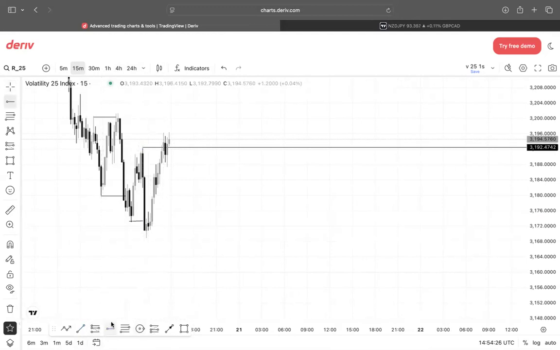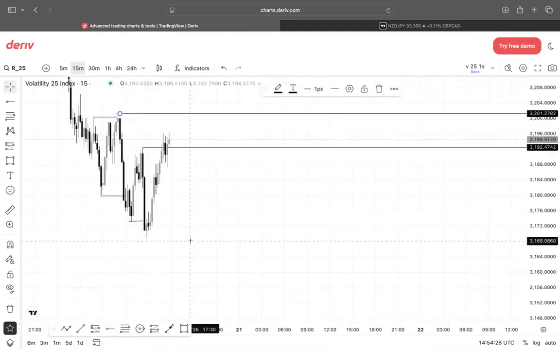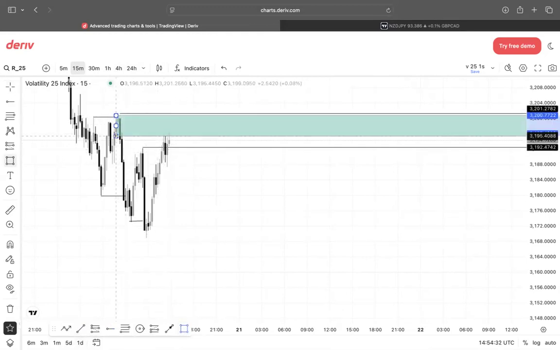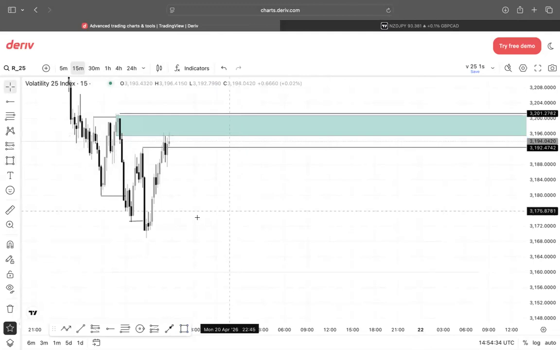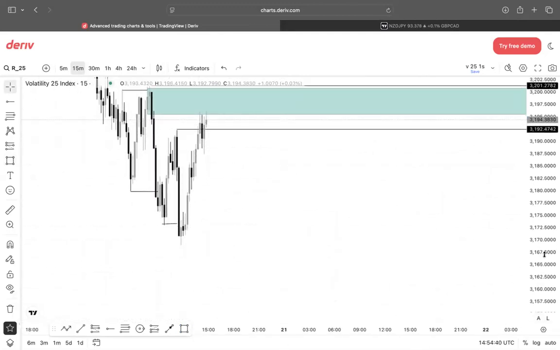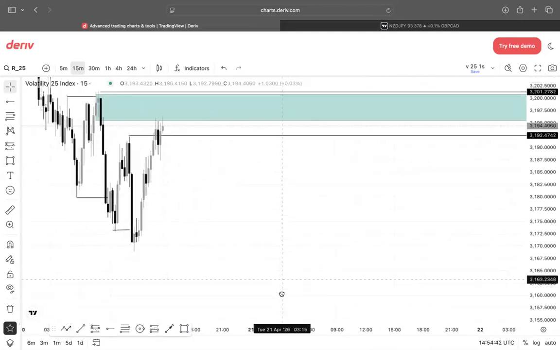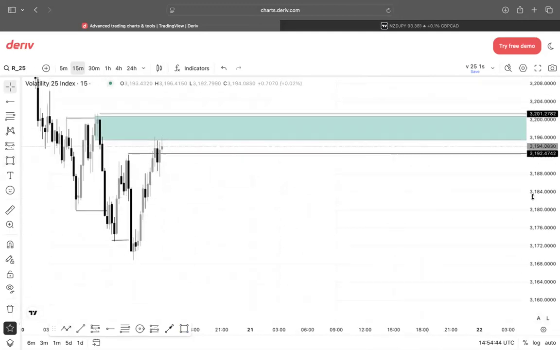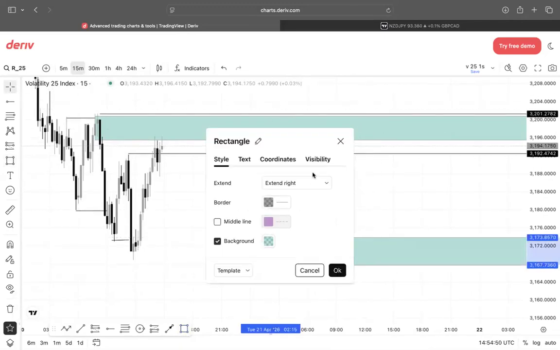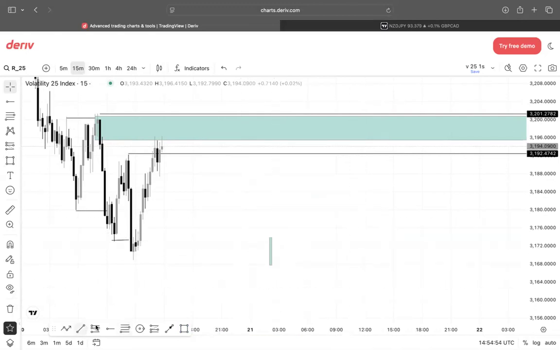Price has to give a valid confirmation, and since this is a low probability setup, I need to wait for it. Now I'll be waiting for the evening star with an indecision candle. I'll be waiting for something like this.